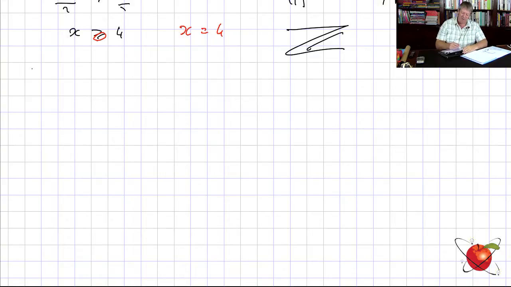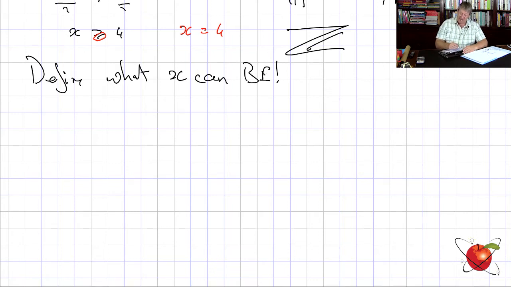So we've got to define what x can be, okay? So x, for example, an element of R, or x an element of Z. That's not going to work, Z. This is the integers, right?